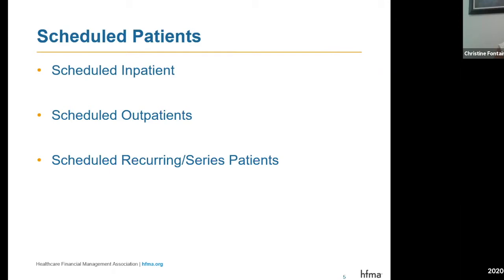Scheduled patients can be registered as inpatients, outpatients, or recurring series types. Patients are scheduled as inpatient if their level of care meets inpatient acuity criteria. Most facilities use Medicare standards as the guideline for determining inpatient status. Major surgery patients and obstetrical patients are the most commonly scheduled inpatients.